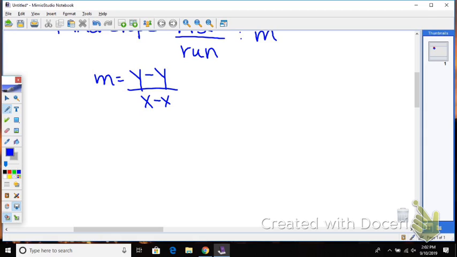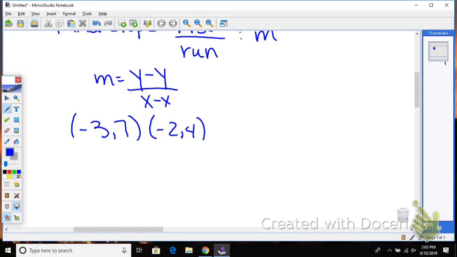What I'm going to tell you is when I give you a point, let's just start with it. First example, (-3, 7) and (-2, 4). So this would be xy, xy. What I'm going to tell you is whatever y you choose to go first on the top, its x value has to go first on the bottom. So we're not going to worry about labeling these x1 and x2, y2 and y1.